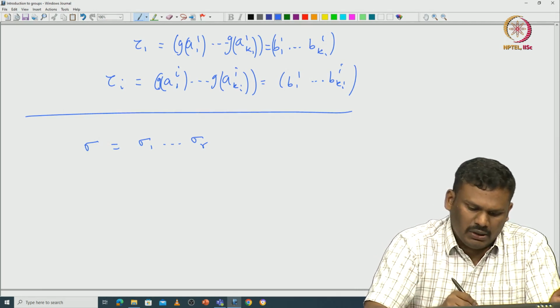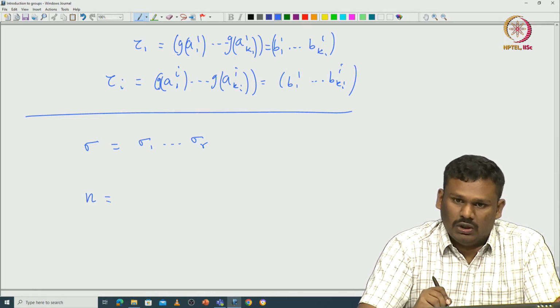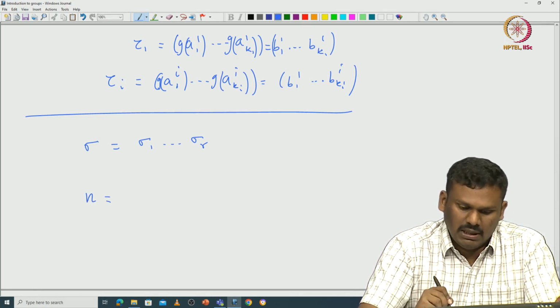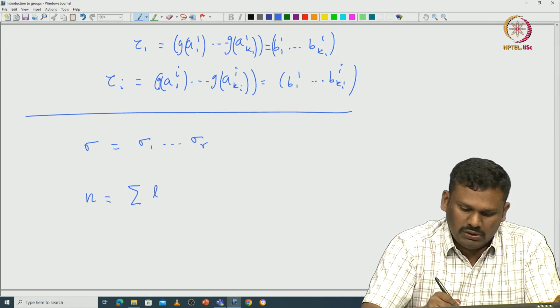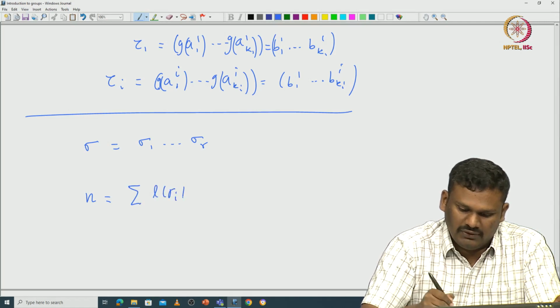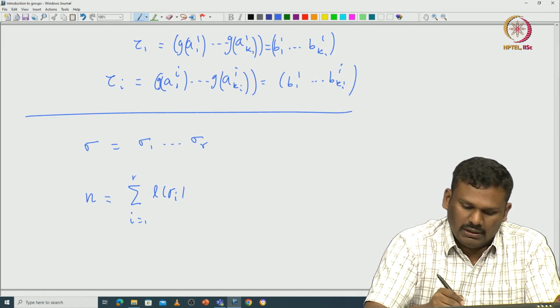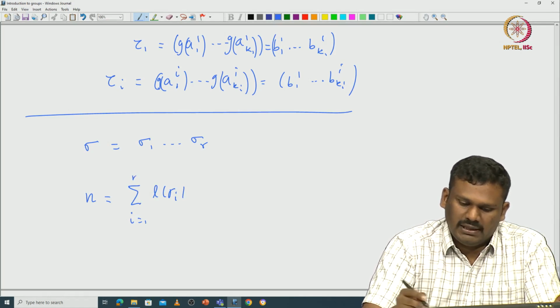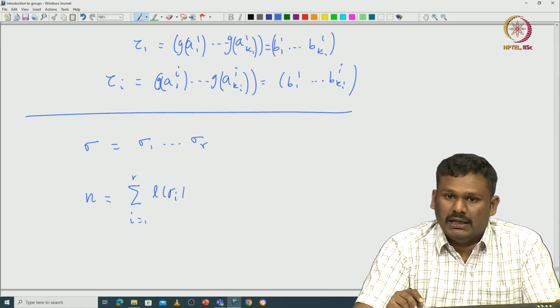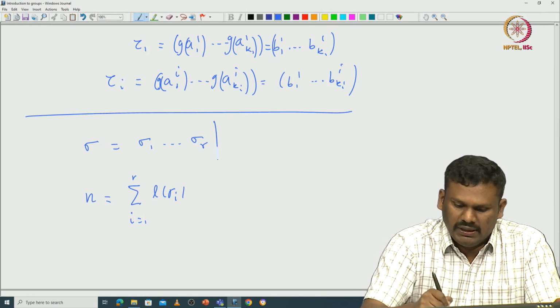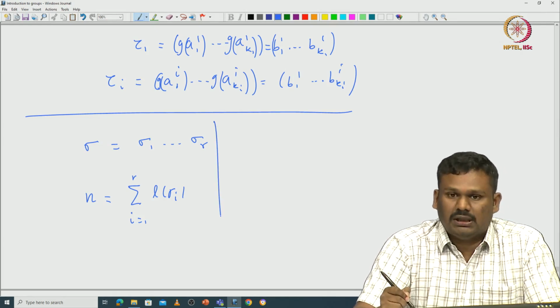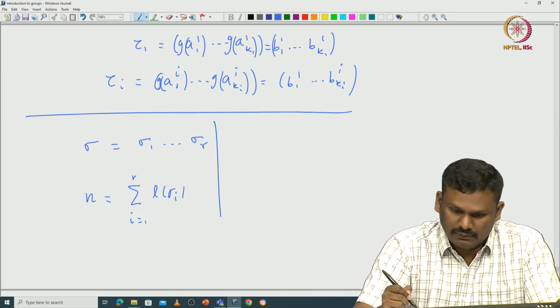In particular, if you look at the length of that set, 1 to n, the number of elements of that set, that is going to be exactly equal to the sum of the lengths of the sigma i's. So once you write it in weakly increasing or decreasing order, it is a convention that a partition is always weakly decreasing.